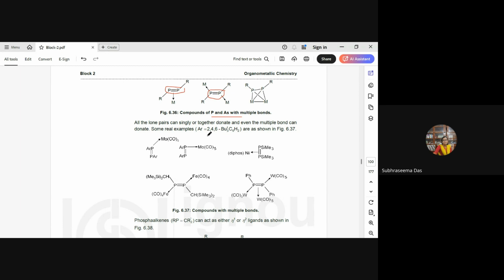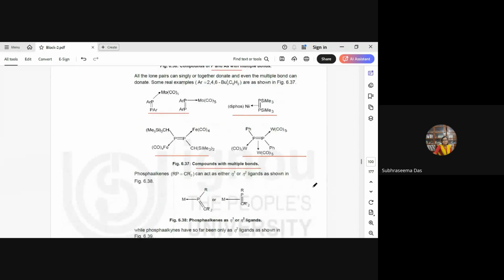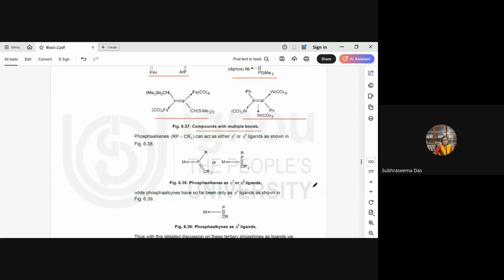Some real examples are shown in figure 6.37, compounds with multiple bonds. This compound is one example. Here is a nickel complex, this one is iron, and this is tungsten. Then phosphoalkenes, that is PR=CR2.